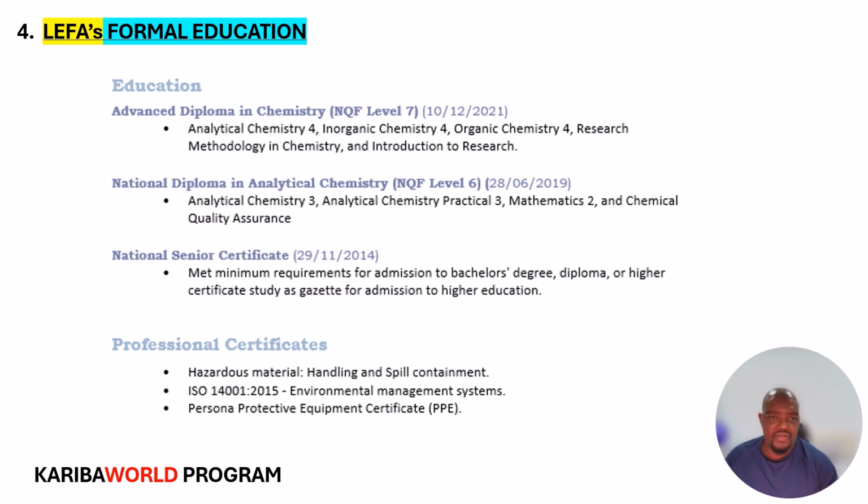He has all his major subjects, which is good. The next one is a national diploma. No name of institution is listed here. 28 June 2019. Also, I'm assuming these are the subjects.